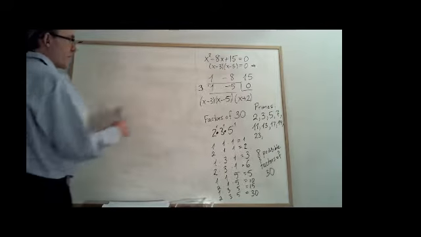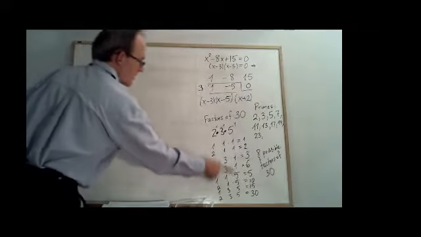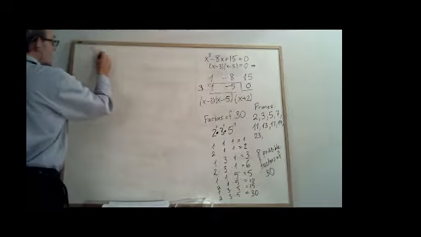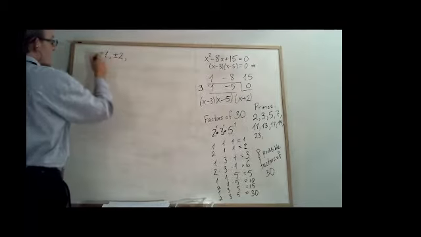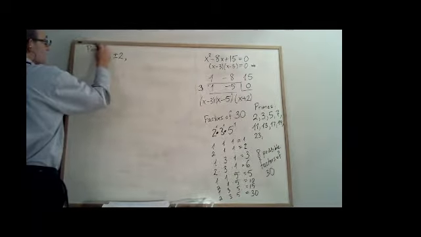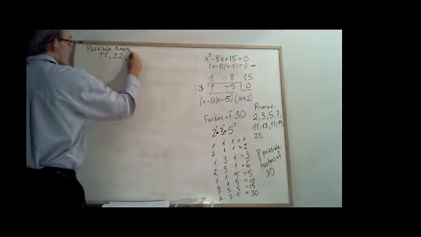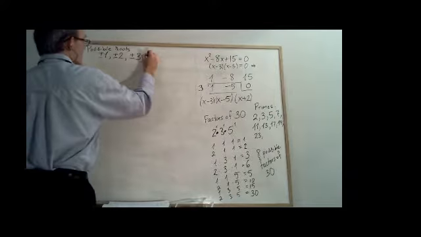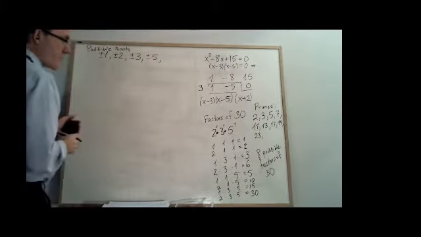Okay, so now once you have the factors of 30, you list all these. You list all the possible choices. Each of these could be a root. 1, 2, 3, 5, 6. I'll list them in increasing order.